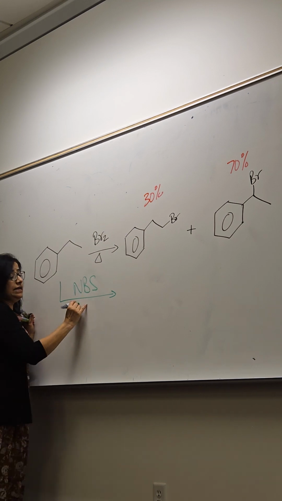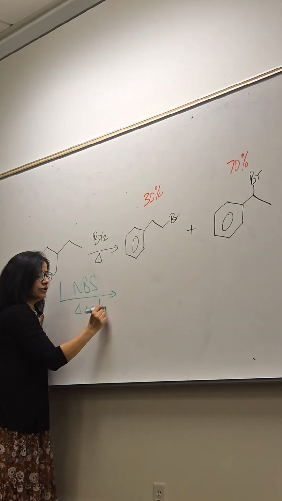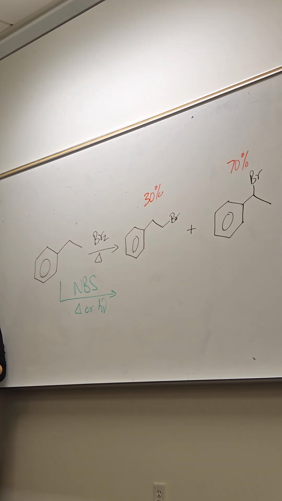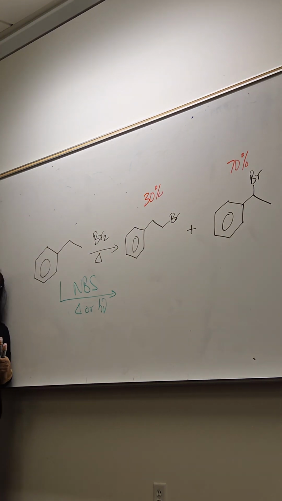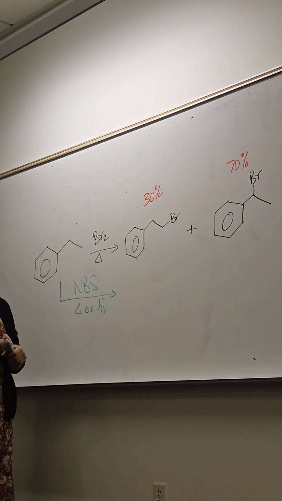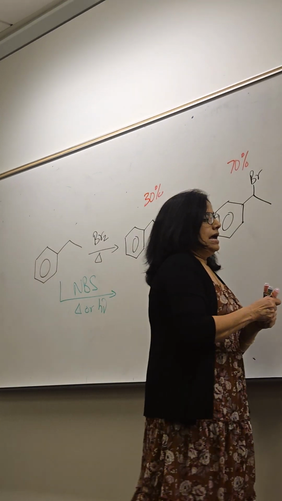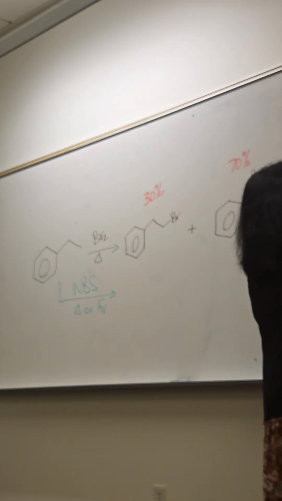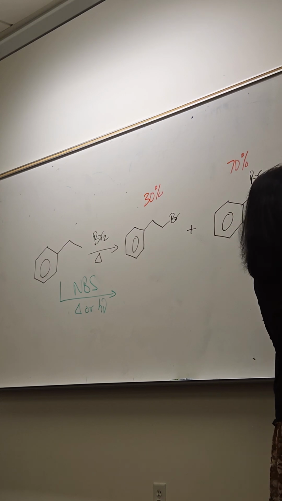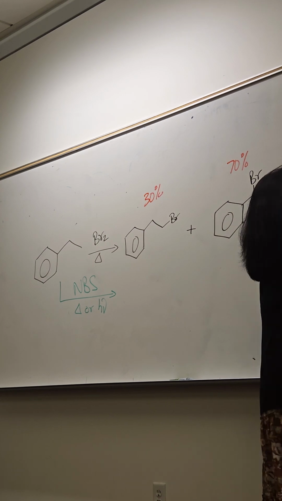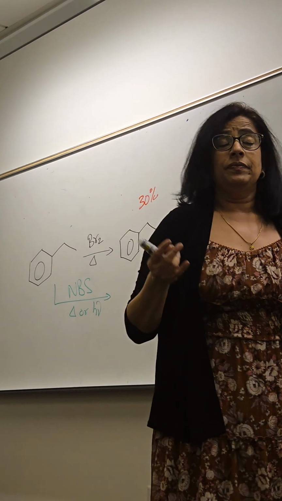It also needs heat or light. It is also a free radical mechanism, although we are not going to write it. Now please, let's first figure out what is NBS. NBS stands for, and here are some things, yes, you do have to memorize, or you just use it so many times that you remember.